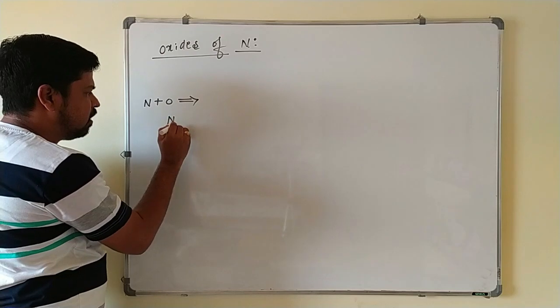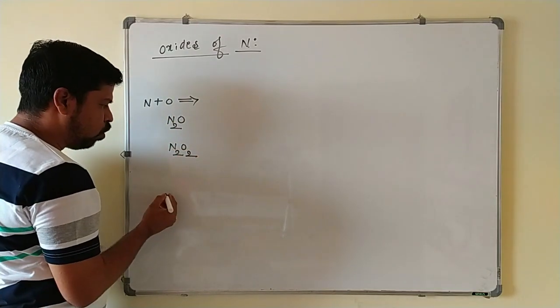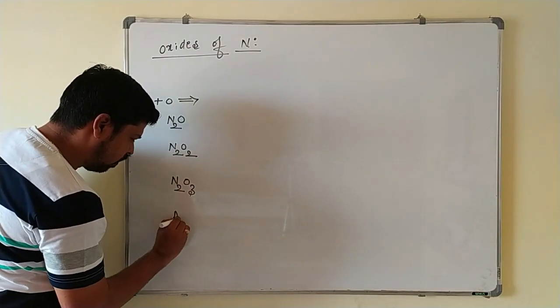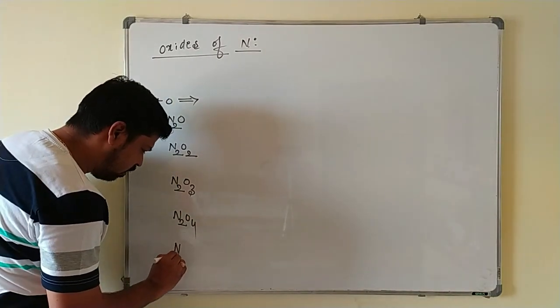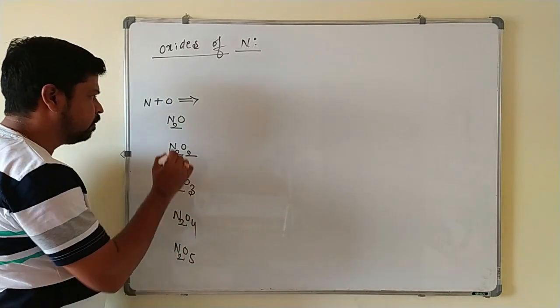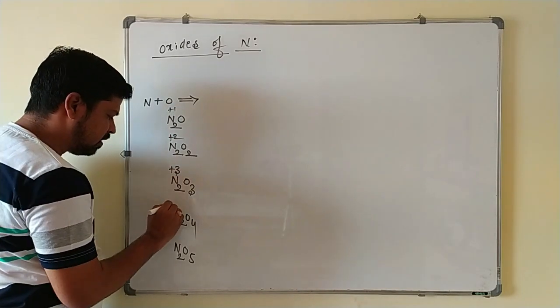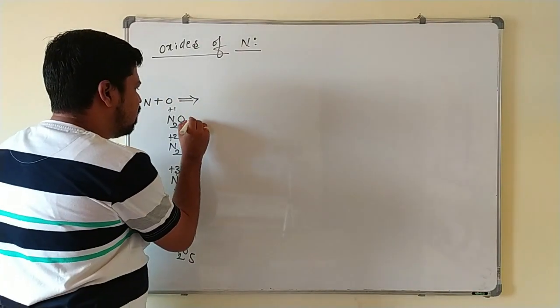The first one is N2O, next N2O2, next N2O3, next N2O4, and then N2O5. The oxidation states are +1, +2, +3, +4, and +5.